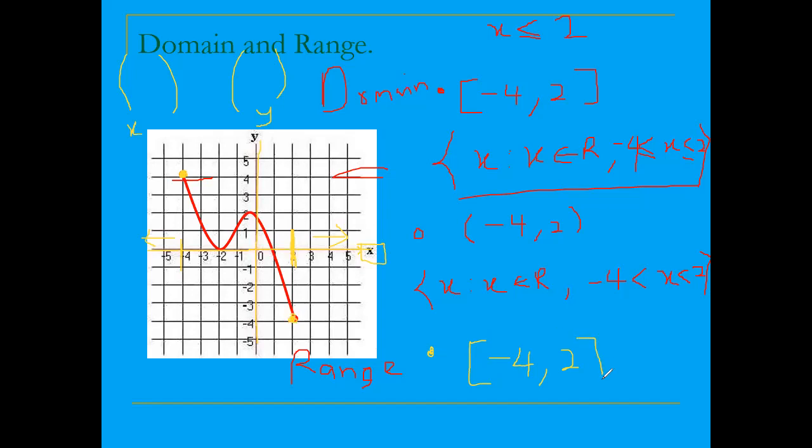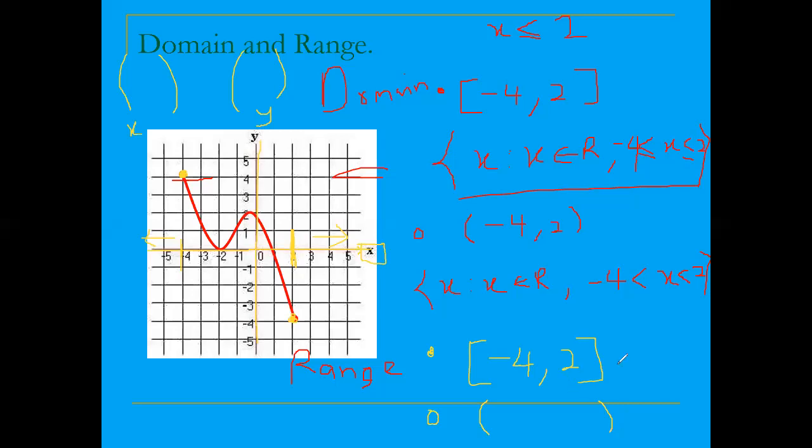So you close it with a square bracket. If the edge was open, you open the brackets. If the edges were open round without being shaded, it means that that particular point is not part of the domain, or it's not part of the interval we are considering.